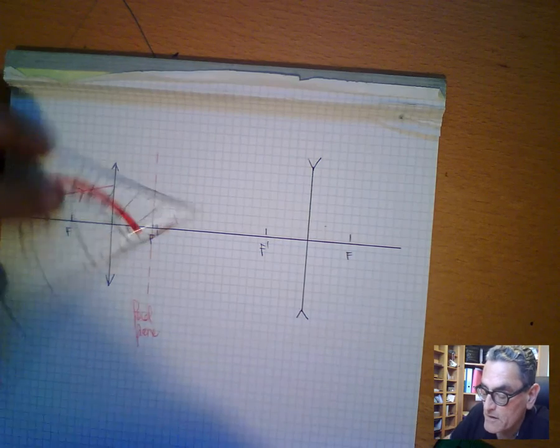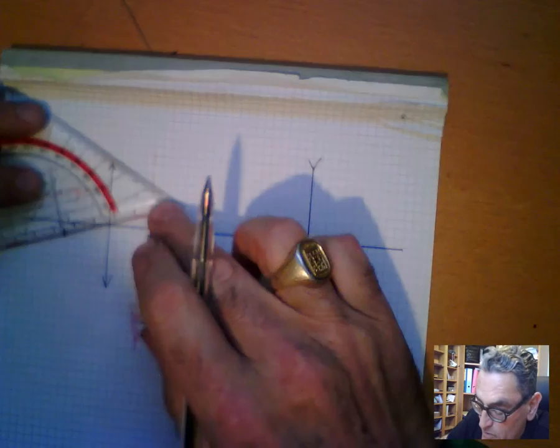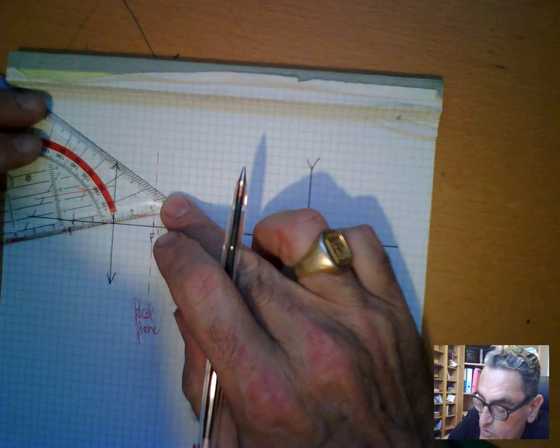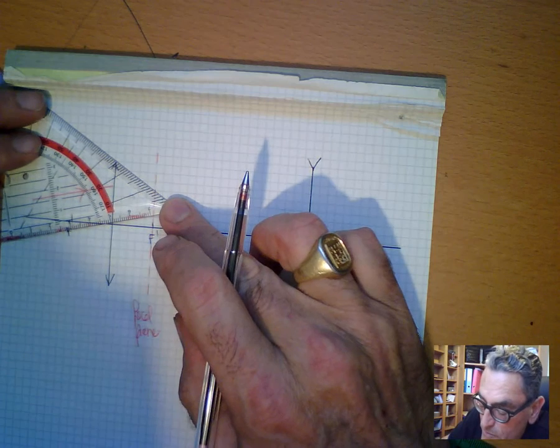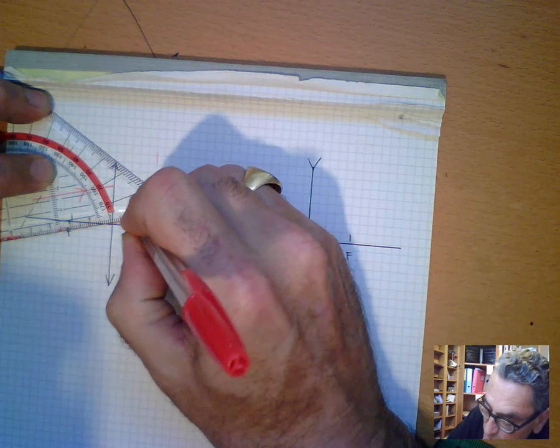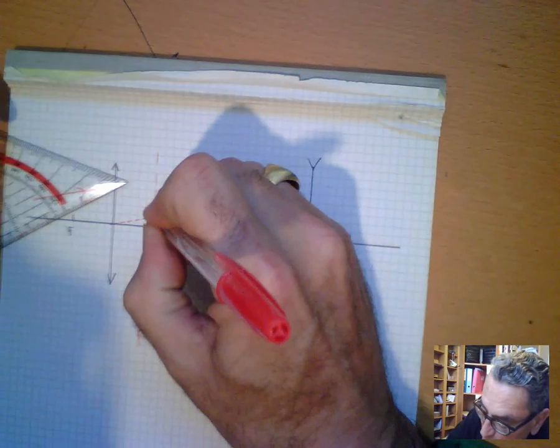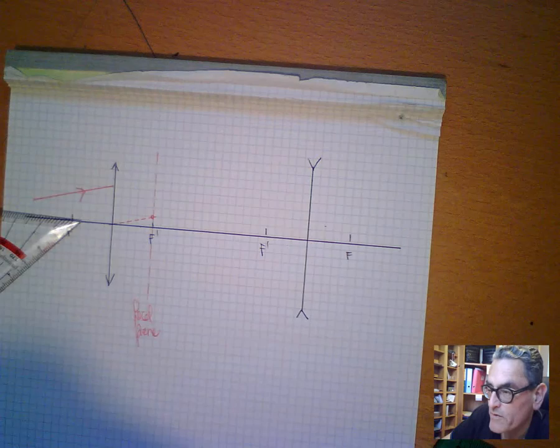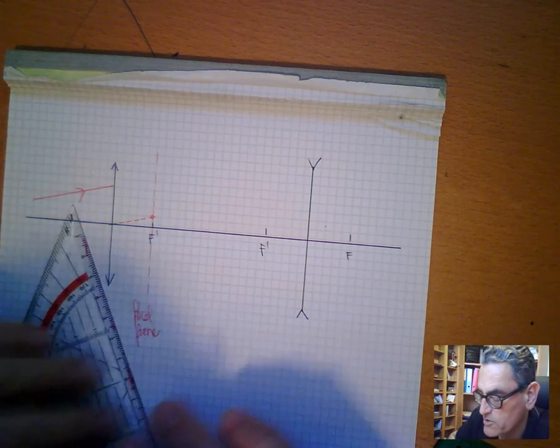Then you draw a parallel to that incoming light ray through the center of the lens. You draw a parallel, and this answers your question. This is how I determine this point.